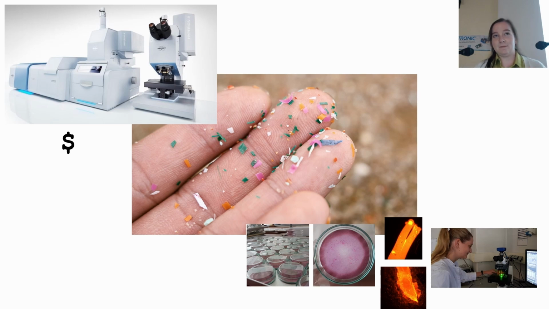Then, to be able to see the plastics better, you stain the filter paper with a fluorescent dye called Nile red, and then you can manually count how many plastics are in your sample with fluorescence microscopy. While this method is much cheaper, it's quite time-consuming because you have to sit at the fluorescence microscope and manually count how many plastics are there. So we were thinking, can we do better than this? Can we make an instrument that is cost-effective but also time-efficient?